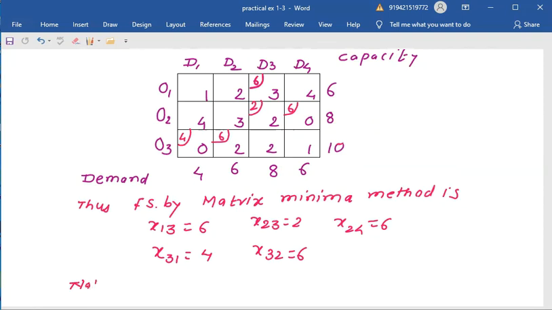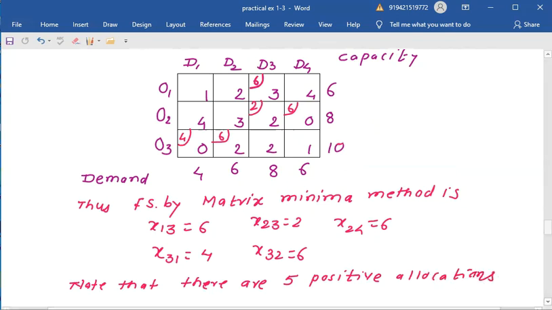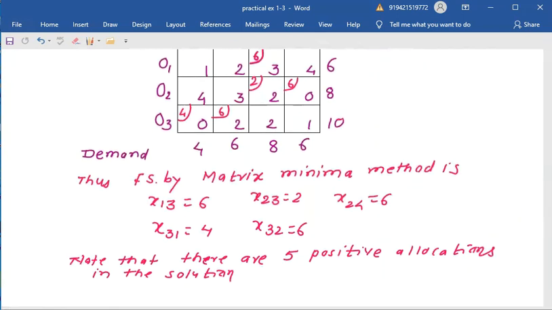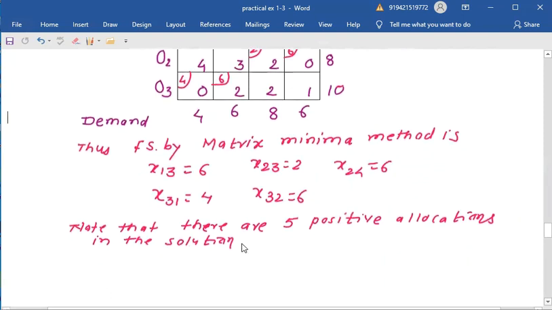Note that this is less than m plus n minus 1.